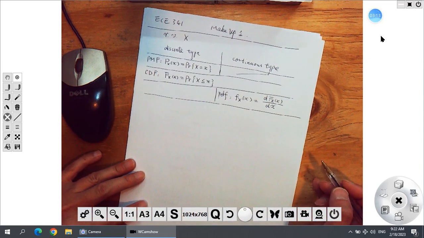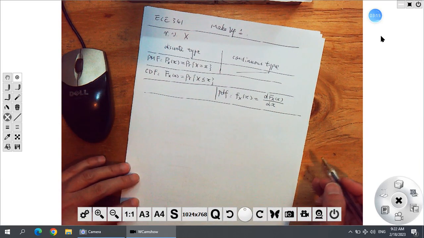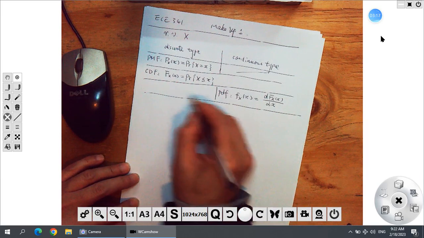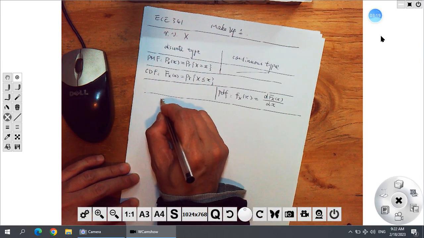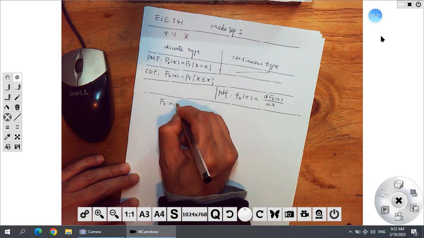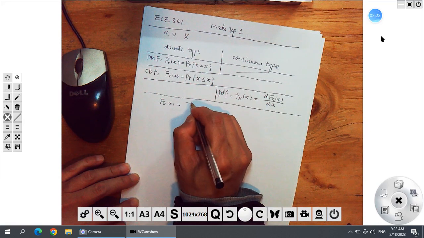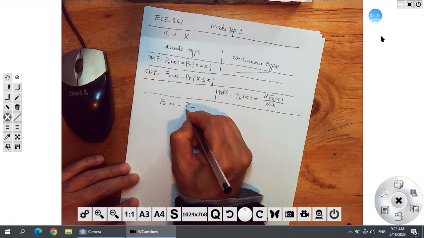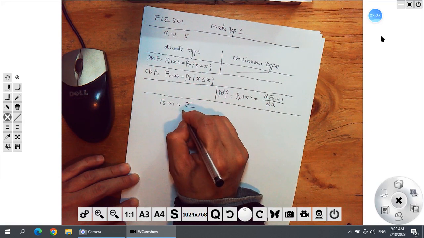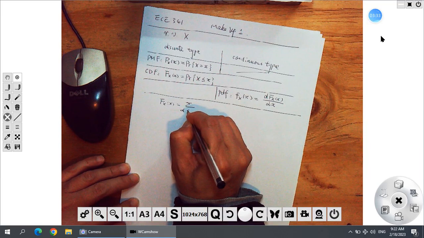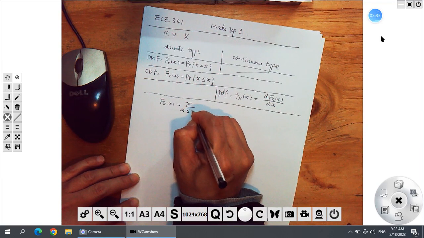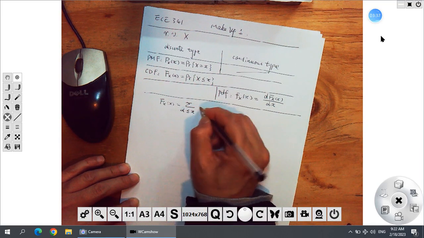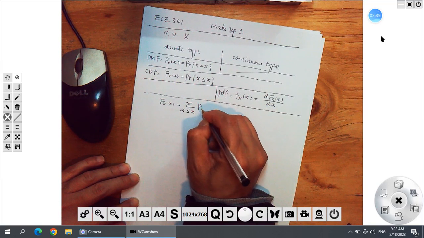And for the calculation, we know this Fx of x is equal to the summation over all alpha smaller than or equal to this x of Px of alpha.